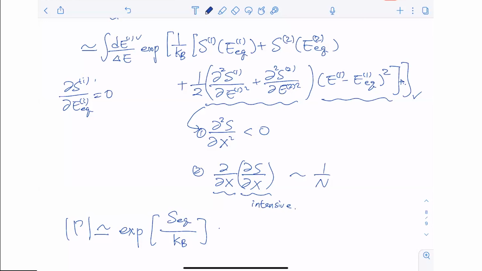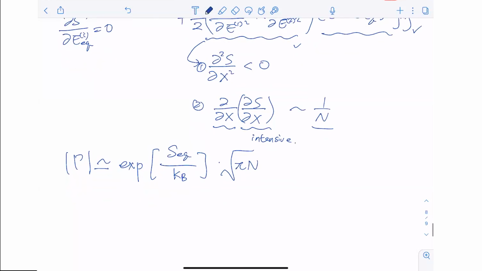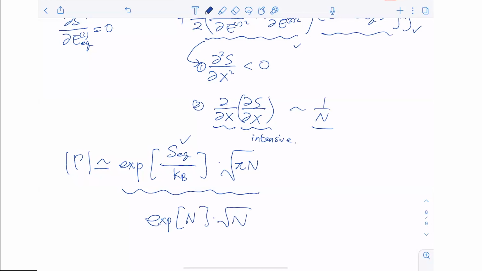Now we see it is some kind of Gaussian integral, so we know the result of a Gaussian integral. Basically, it will give you the square root of pi divided by the coefficient here, which is 1 over n. If I divide by 1 over n, it will just give me pi times n. And also we know that entropy itself is an extensive variable, which means that if I look at the n dependence, this thing is basically exponential of something with n times the square root of n.